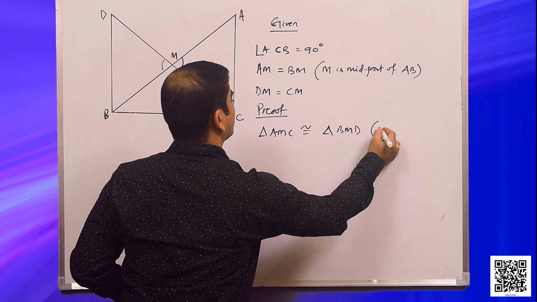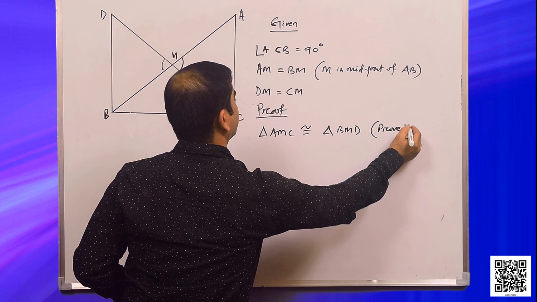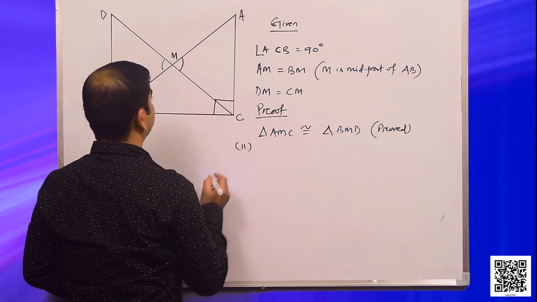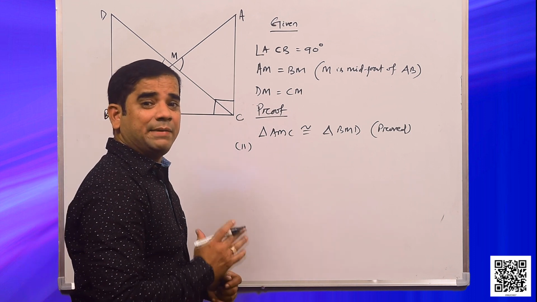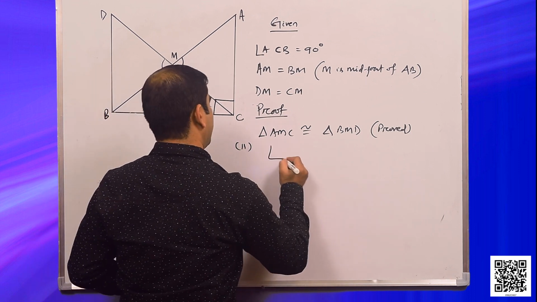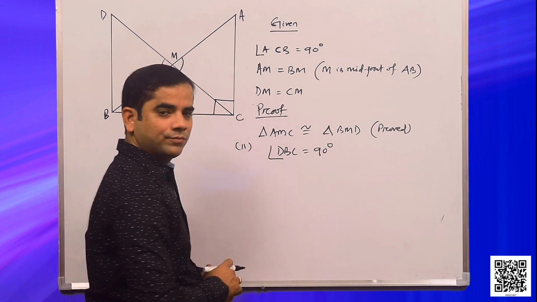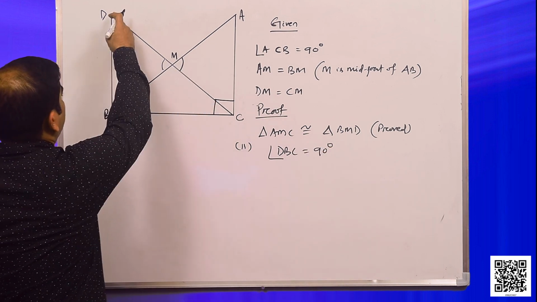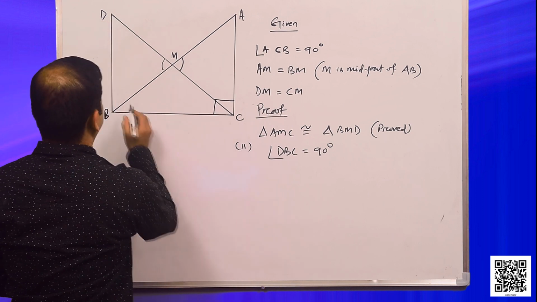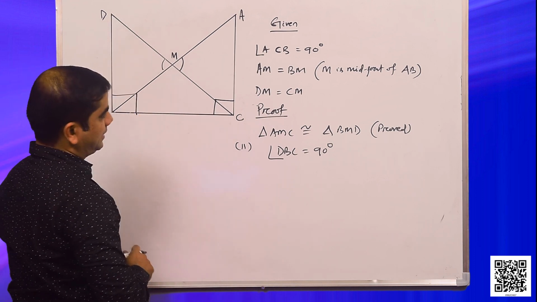Fine. Second bit, angle DBC is a right angle. So, angle DBC is equal to 90 degrees. We need to prove this.